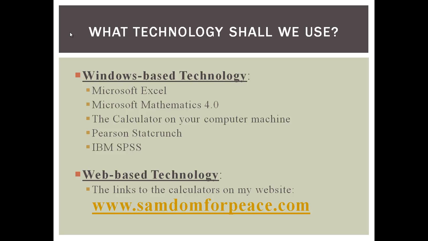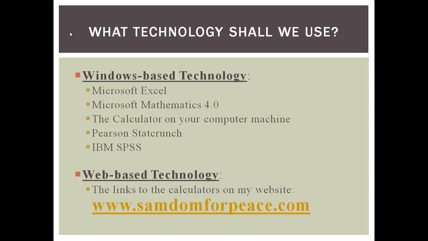If you don't have something like Microsoft Excel, you have to buy the software. If you don't have money for it, then just use the links to the calculators on my website. It's a web-based technology. Anywhere you have internet, you can use those. Once you log into my website, you get to the page and use the calculators. It's free.